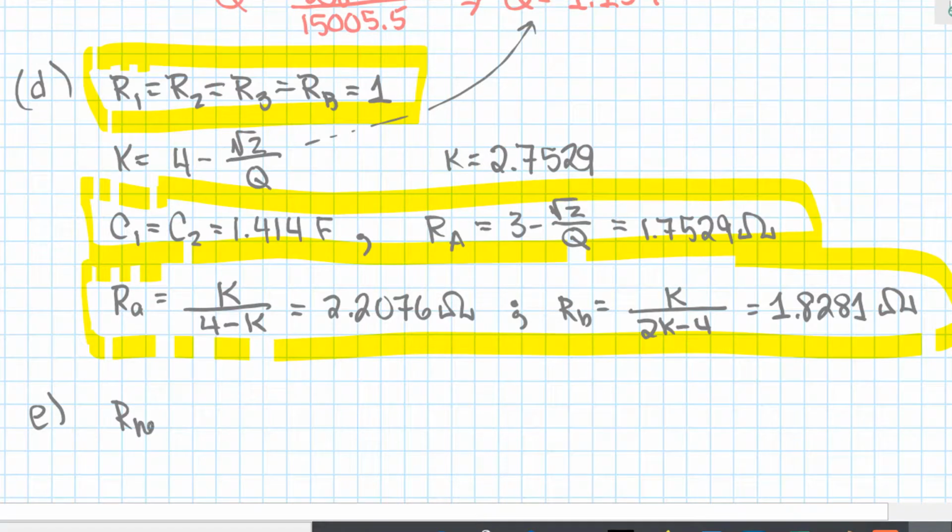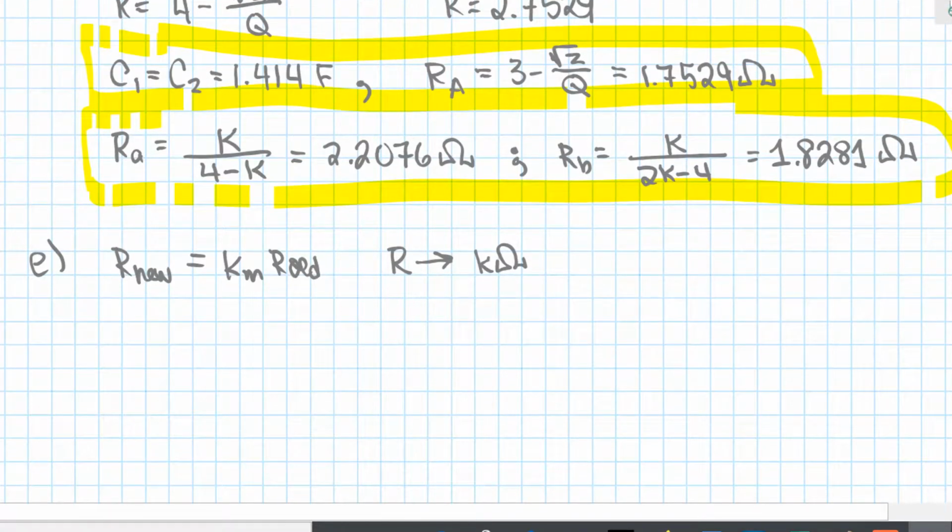And as before, R new is Km times R old. So we're just multiplying by 1,000. So all of the R's go to kiloohms instead of ohms. But the C's, we have to do the transformation, but the C values are the same. So C1 equals C2 equals 1.414 farads over Km times Kf, and Km is 1,000.